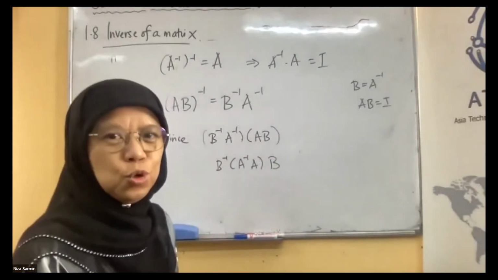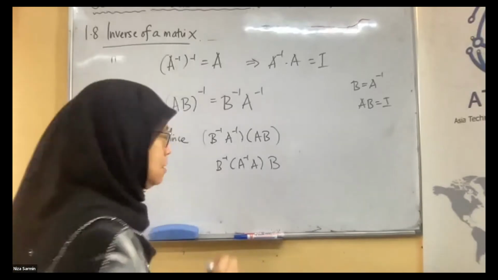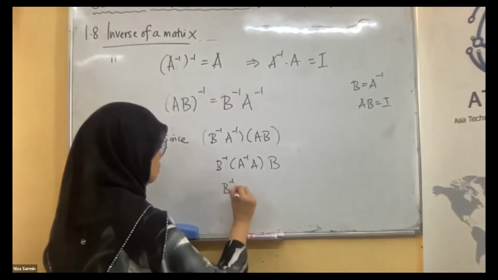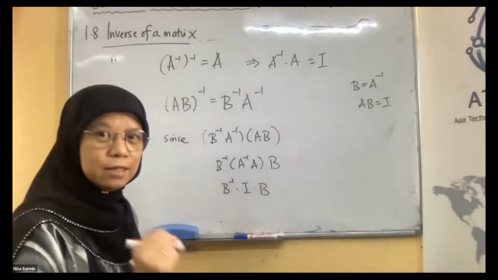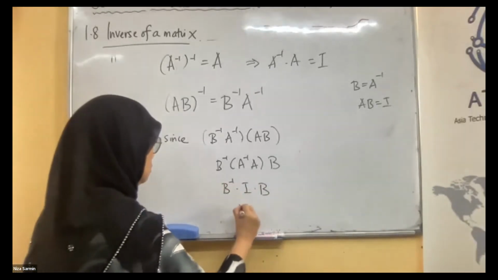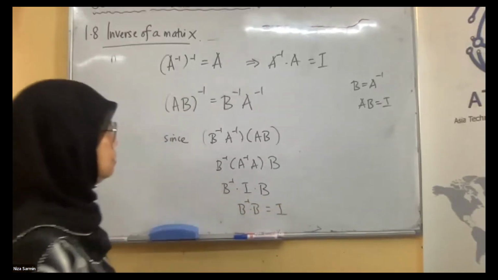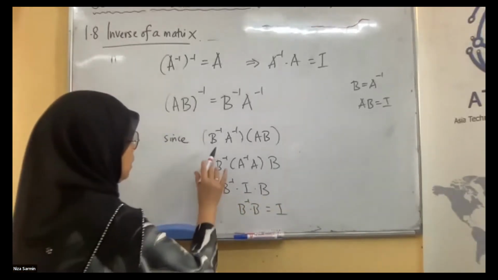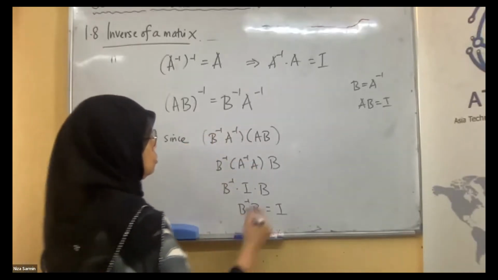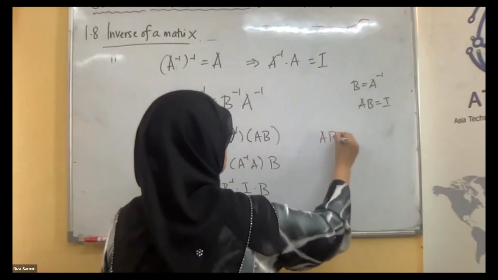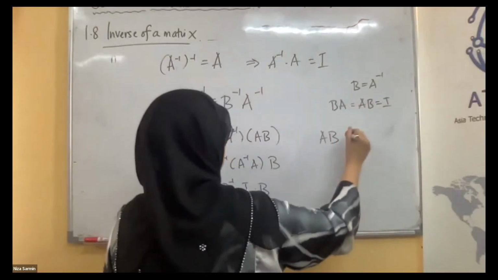When you write, you have to show it, you cannot just cross, cross, cross. What is A inverse A? I. And I times B is B. So when you multiply this on the left, you get I. You also need to check when you multiply this on the right, because this is BA and AB.